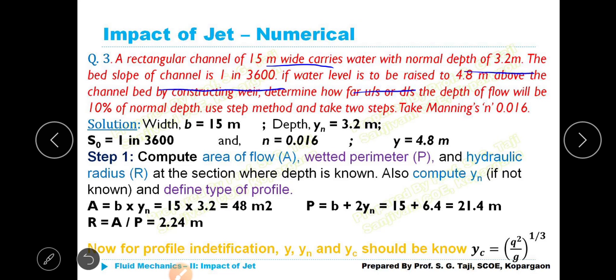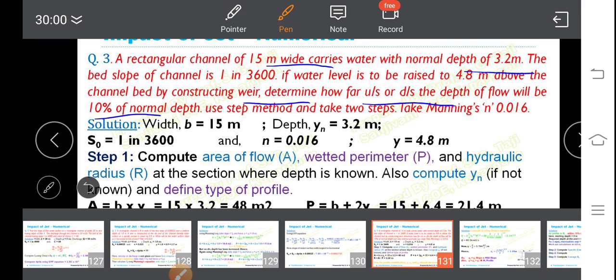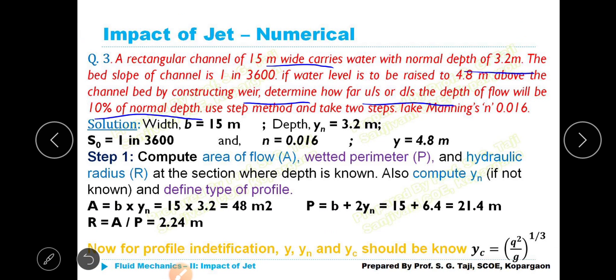If water level is to be raised to 4.8 meter above the channel by constructing a weir, determine how far upstream or downstream the depth of flow will be 10% of the normal depth when the weir is constructed.